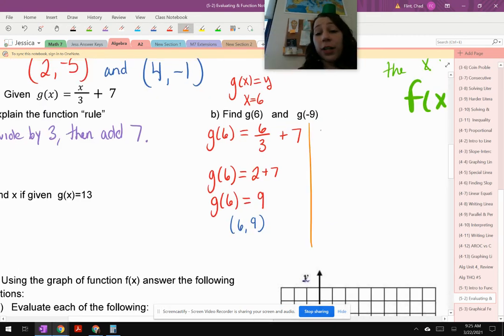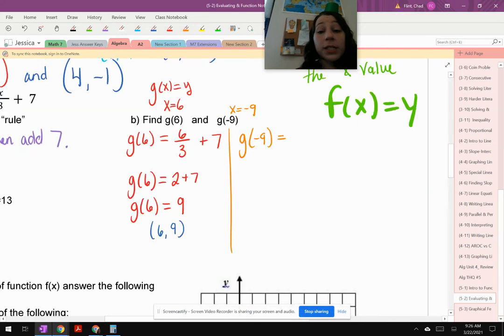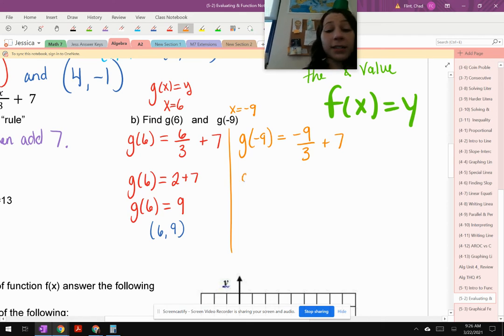Now, they asked me to do two things. They also asked me to do g of negative 9. So that's the same exact kind of thing, except this time they want me plugging in negative 9 for x instead of 6. So I'm still using that same function rule of dividing by 3 and then adding 7. Negative 9 divided by 3 is negative 3.